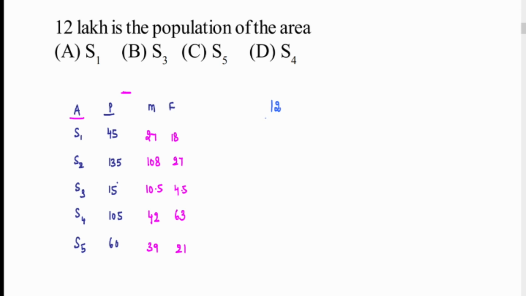How do I convert? 12 is the given one. The entire population is 72. To convert to percentages, you multiply by 100; to convert to degrees, you multiply by 360 degrees. 12 ones are, 12 sixes are... 360 by 6 is 60 degrees. So 60 degrees is actually the population of S5. So this is S5 here.